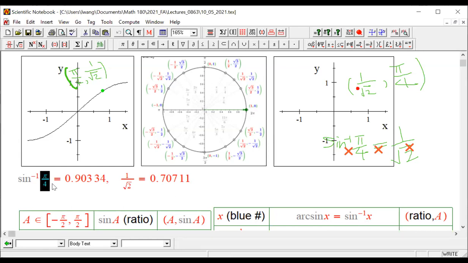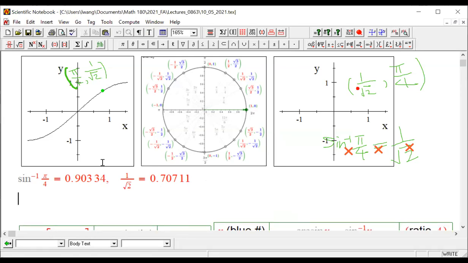And pi over 4 indeed is less than 1. It's between -1 and +1. So pi over 4 is going to be treated as a ratio. What is pi over 4 as a ratio?